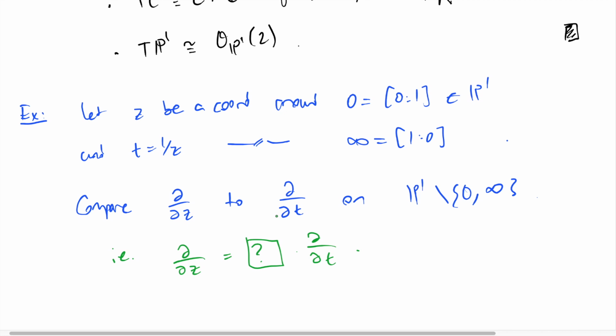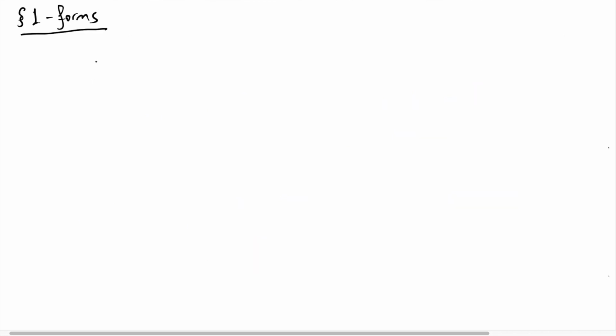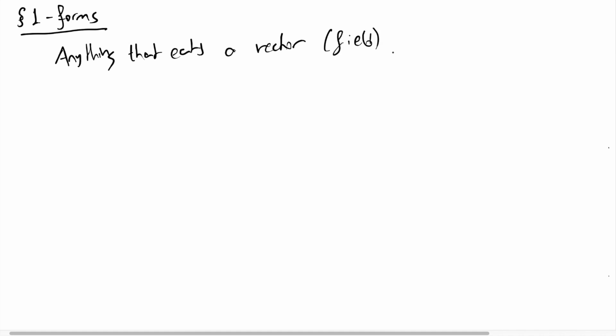So that's your exercise. Okay, so after all this preparation with tangent vectors, one forms are just duals to those things. So informally, I'm going to say something is a one form if it's something that eats a vector or a vector field. And here, what does eat mean? Well, it's a function, so it takes a vector or a vector field and returns or spits out a number.